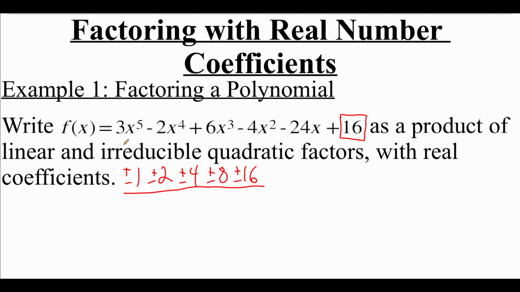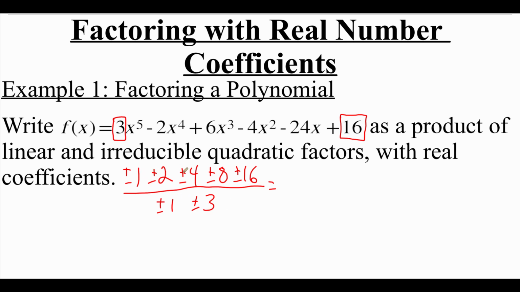And then for the numbers in the denominator, I'm going to look at my leading coefficient, so in this case the 3, and the factors of 3 are 1 and 3, but again considering both the positive and negative versions of those. Now I'm going to take these numerator values and denominator values and start combining them to build my list of possible rational zeros.